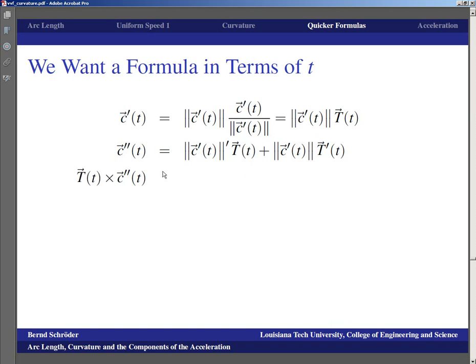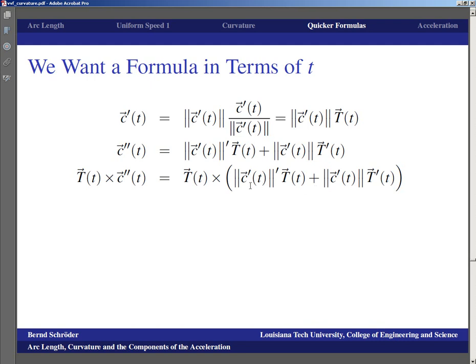So I'm going to multiply both sides with the unit tangent vector. On the left hand side I just get T of t cross c double prime. So I'm going to use the cross product, which in particular means the formula in terms of t only works in three-dimensional space. But nonetheless I can work that out, and I can multiply the right side also with it.